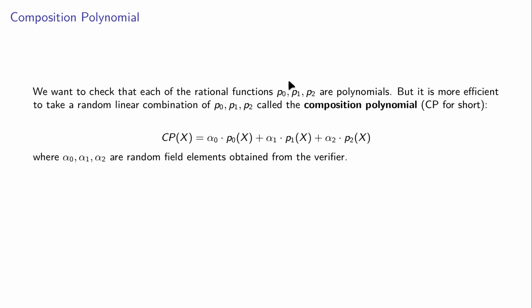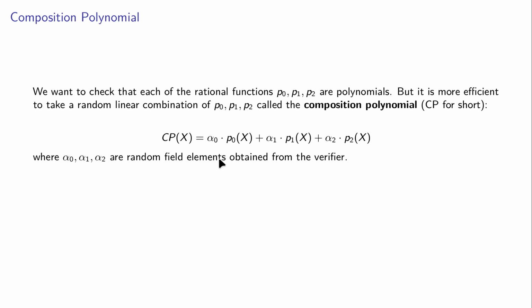But instead of evaluating this condition on the three polynomials, we will combine it. We will use a random linear combination of these, which is called the composition polynomial. So the verifier will choose random elements gamma 0, gamma 1, and gamma 2.